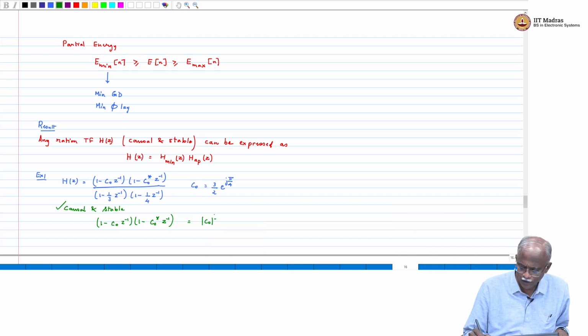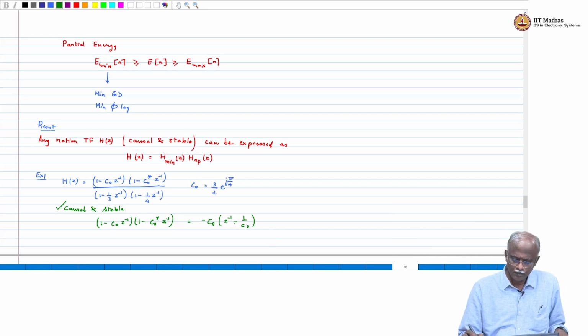So what you will get is C naught conjugate magnitude squared. Okay, so maybe write it as 2 steps. Take out minus C naught, then what you get is Z inverse minus 1 by C naught.